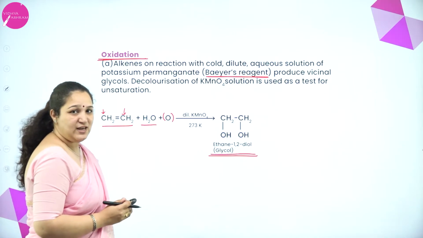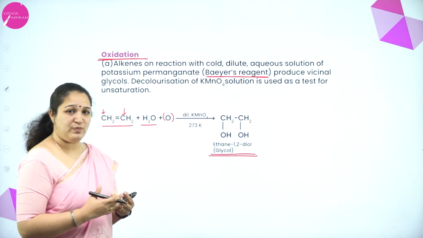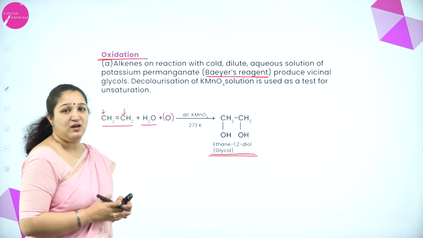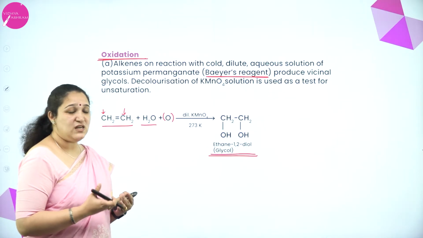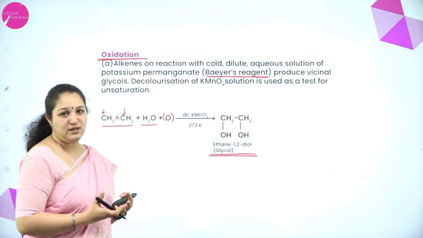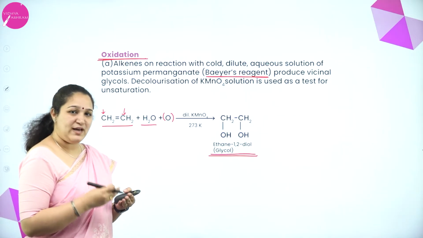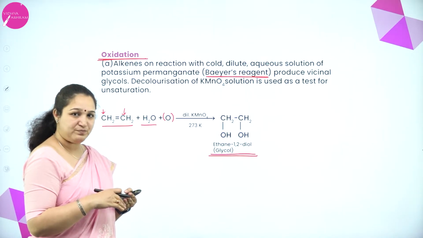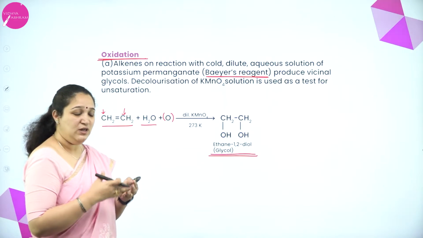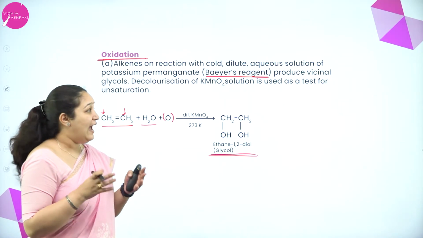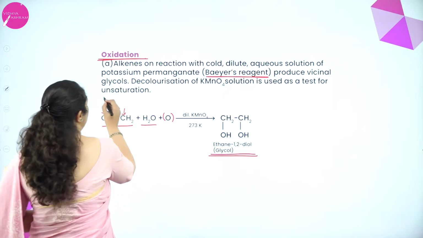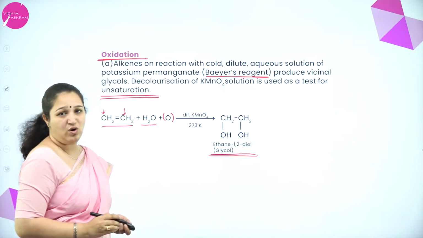Now during this reaction, the color of potassium permanganate will disappear. Potassium permanganate is dark pink or purple in color. So when you add potassium permanganate to alkene, or where there is a double bond, the color will disappear, and this is used as a test for unsaturation also.